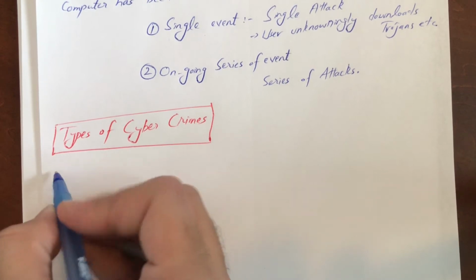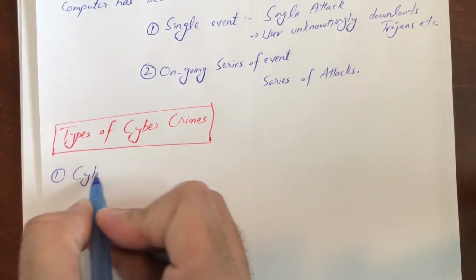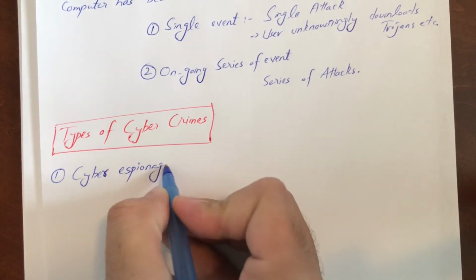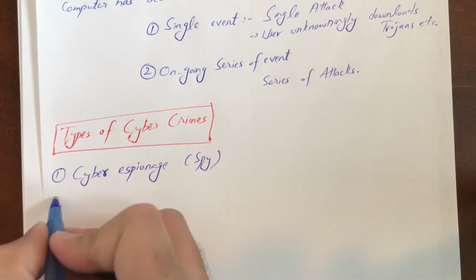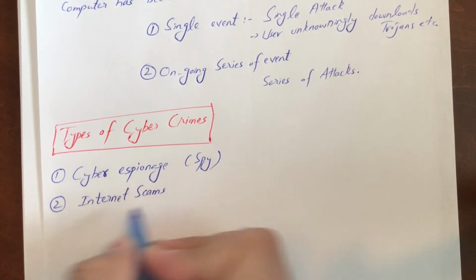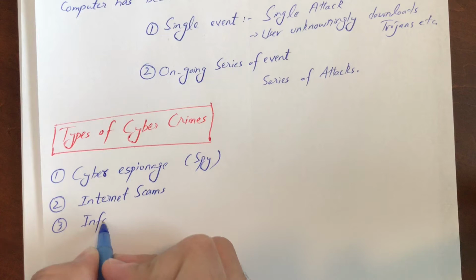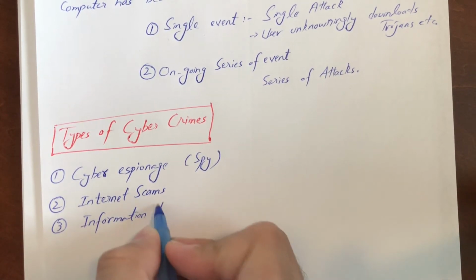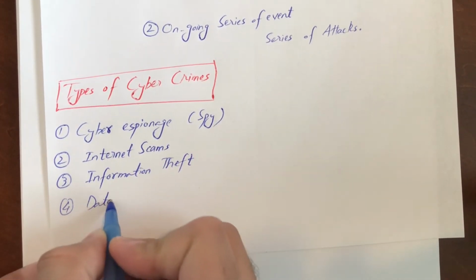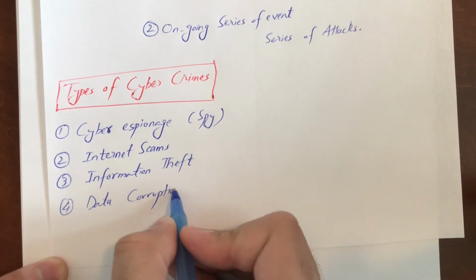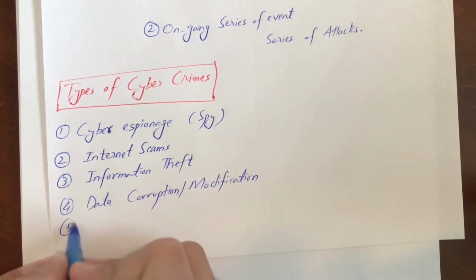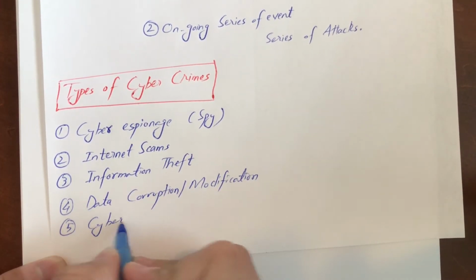A cybercrime can be, for example, cyber espionage, which is just like a spy. It could be internet scams. It could be information theft. Another one is data corruption or data modification, or it could be cyberbullying.